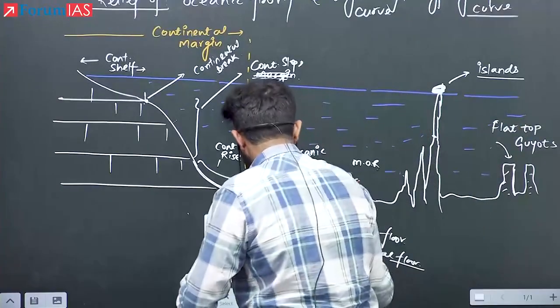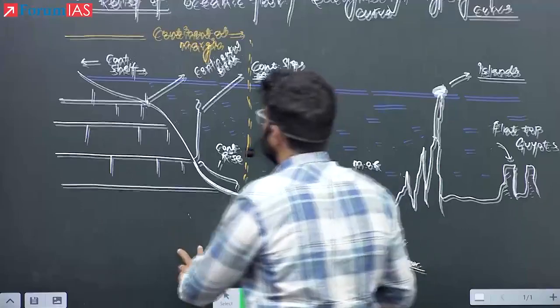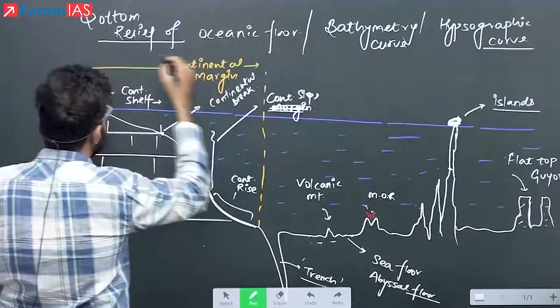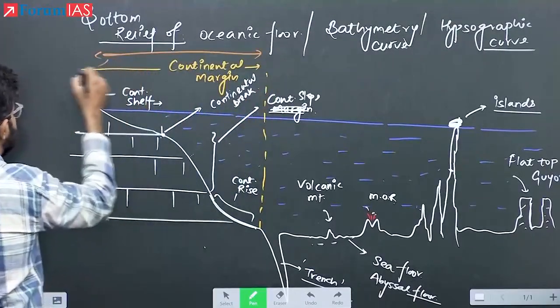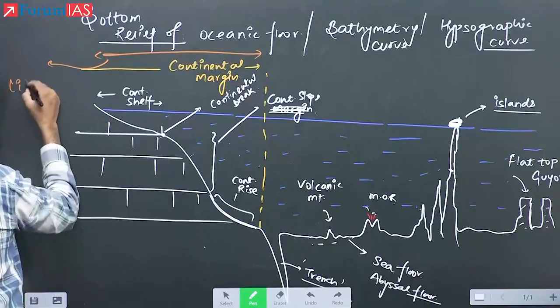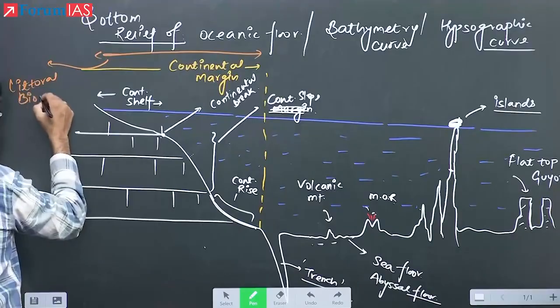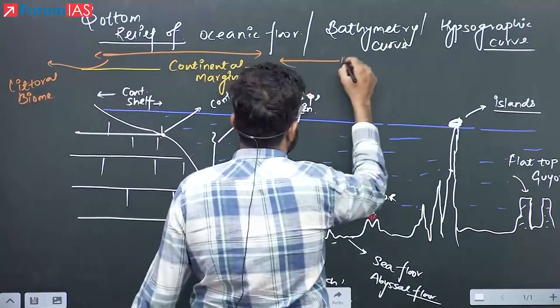Two more words you should know. Let's say this entire biome will be known as the littoral biome. This is known as the littoral biome. And from here onwards, it is your benthic biome.